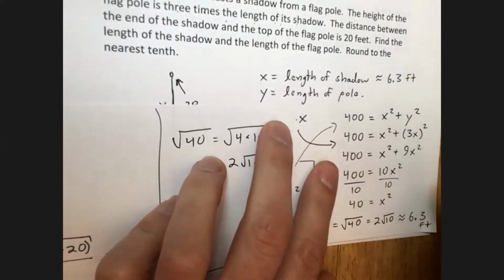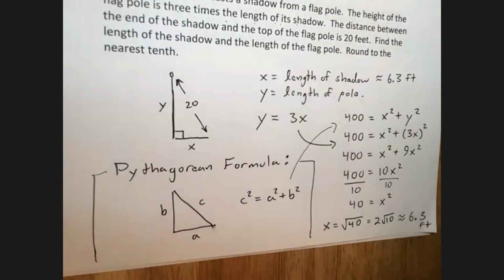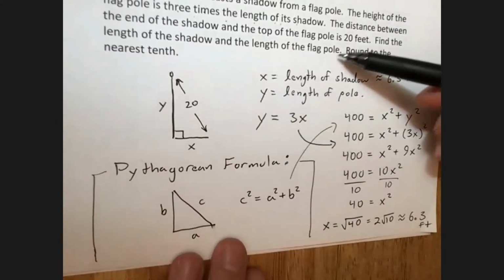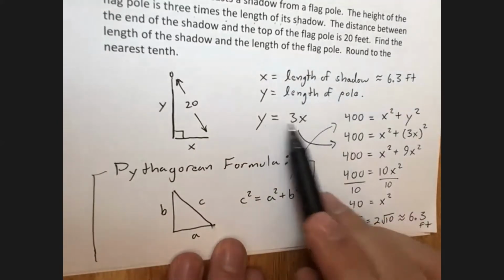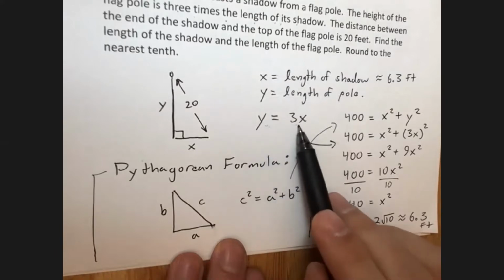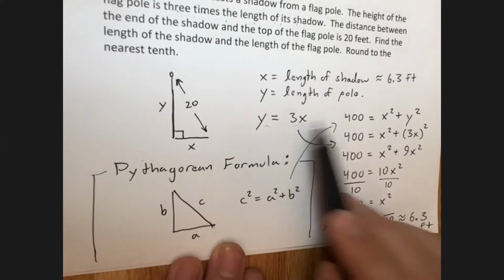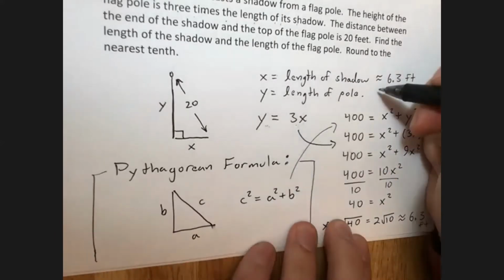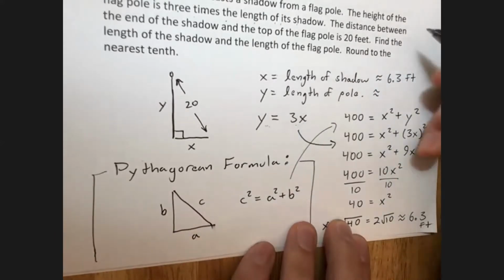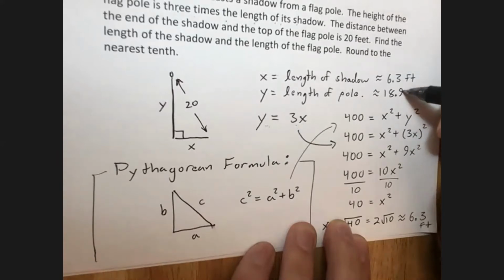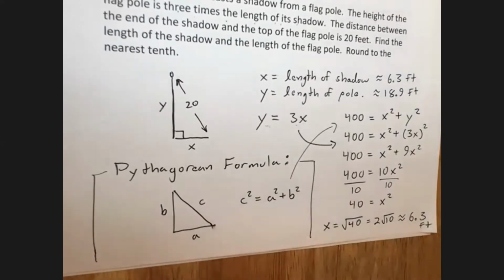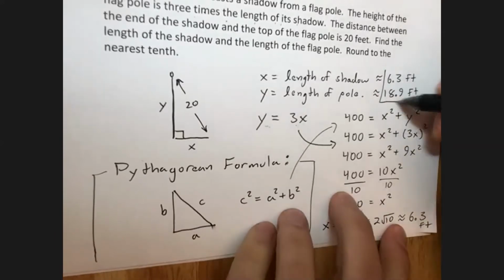How do we get the length of the pole? Well, let's look through our equations here, our work. Oh, look, this relates the length of the pole to the length of the shadow. It says the length of the pole is 3 times the length of the shadow. So we just have to multiply that by 3. Don't need a calculator for that. 18.9. So there we have the final answer.